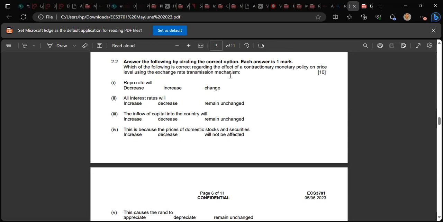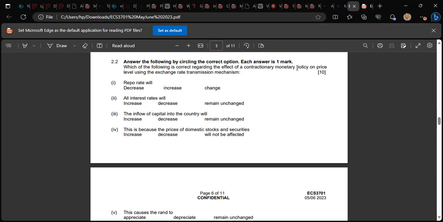Which of the following is correct regarding the effect of the contractionary monetary policy on price level using the exchange rate transmission mechanism? All right, there are just a lot of fancy words here, but I think we all know what a contractionary monetary policy is.